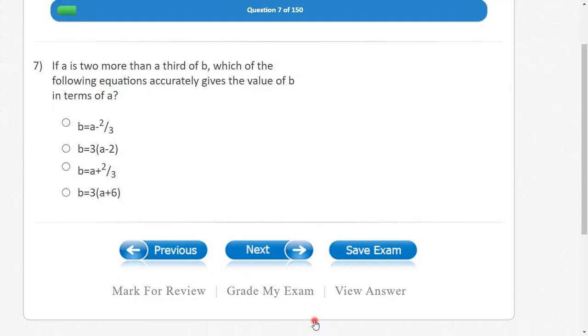A is equal to one third of B plus 2. And then that would mean that if B is isolated on one side, A minus 2, and then times 3.